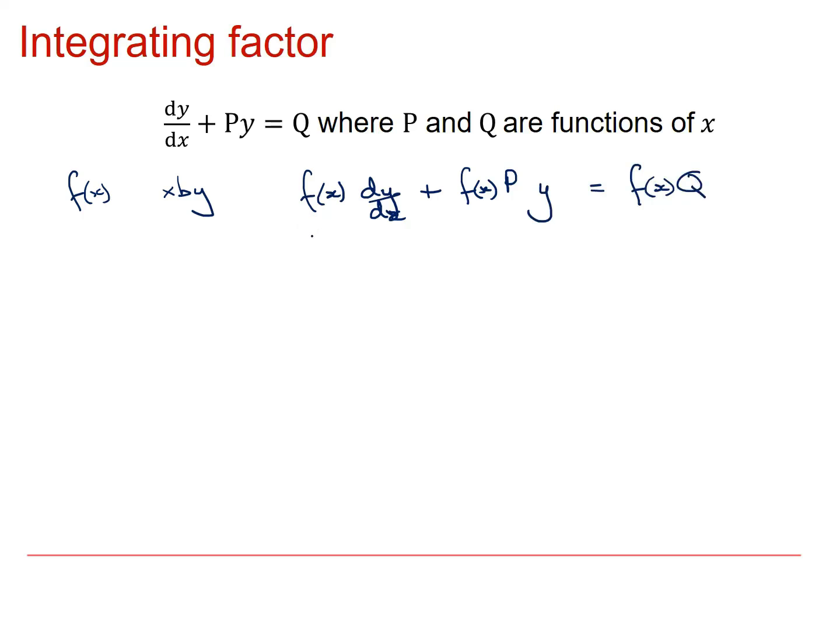And we want this to be a perfect derivative. Now it turns out that we can show that f of x has to be equal to e to the integral p dx.